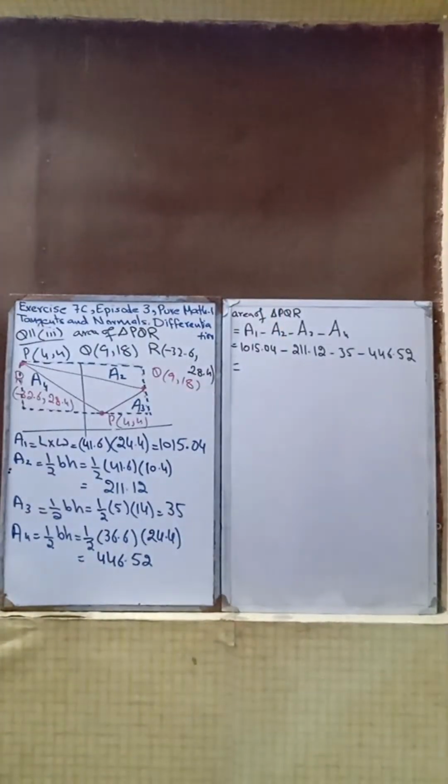Let me do the calculation. It's 1015.04 minus 211.12 minus 35 minus 446.52. So your answer is 322.4.